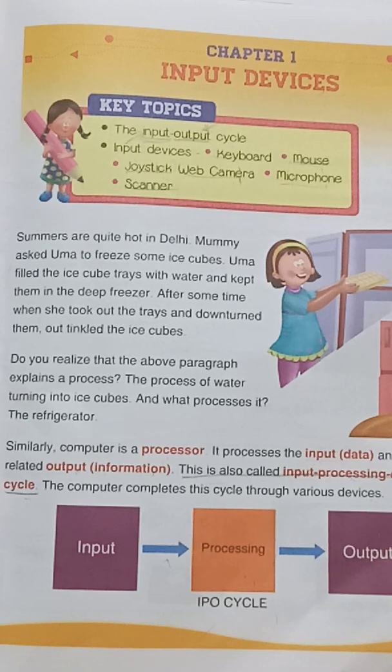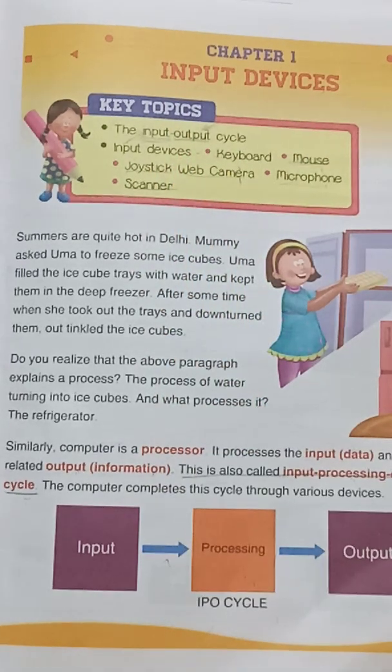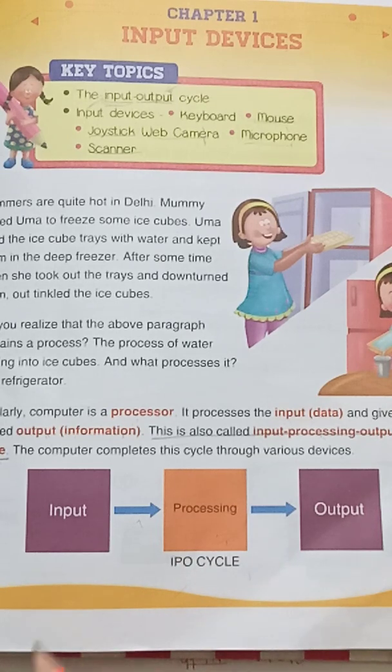So you all might be knowing the computer works in a systematic way. So we have to follow this rule, input output cycle. When we give some data, that is input, to the computer, then it processes and then gives output. I have already told you about the IPO cycle.